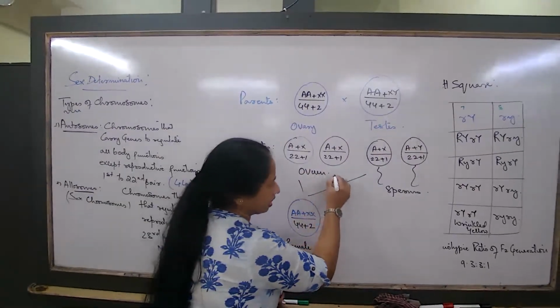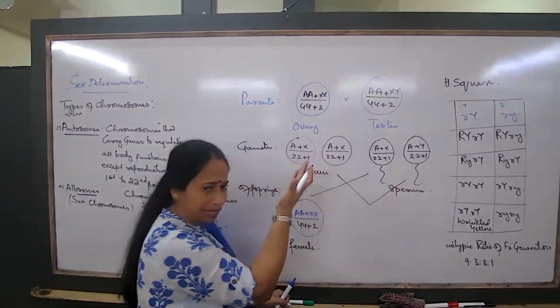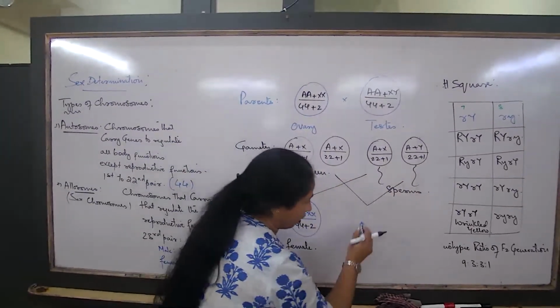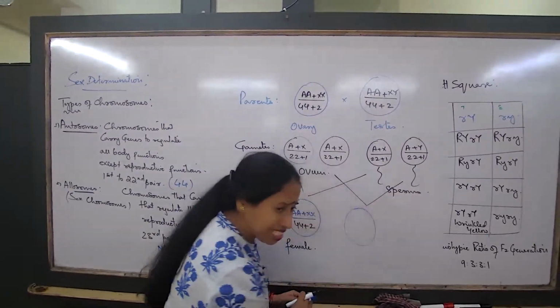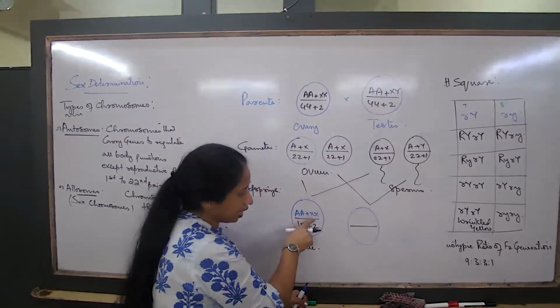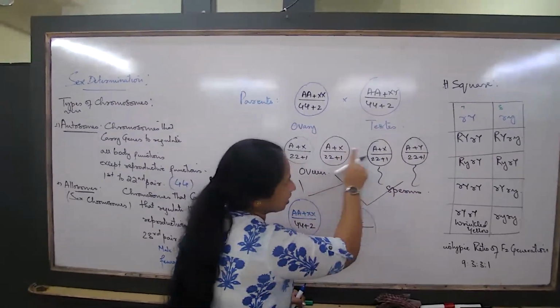Okay, talk about this. This ovum, ovum तो एक ही type के हैं, no problem. This ovum when fertilized with this one, what is the zygote? The zygote, what will be the number of chromosome? Types of chromosome I write first. AA plus XY.